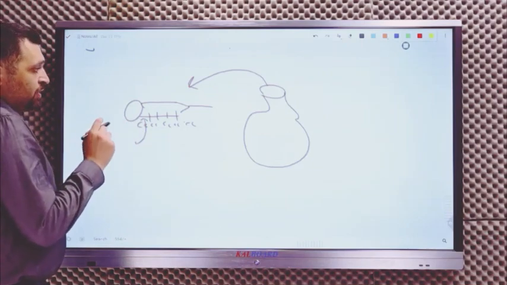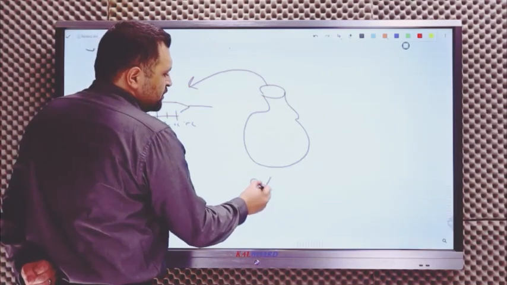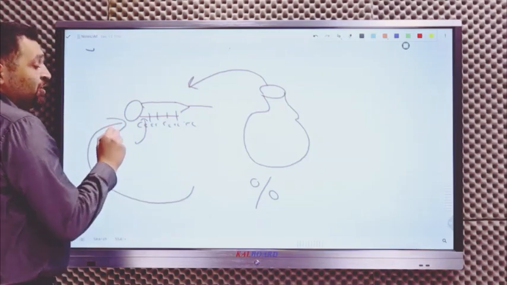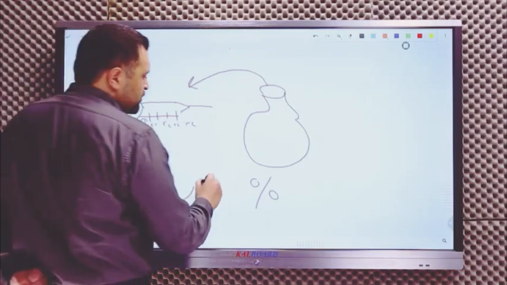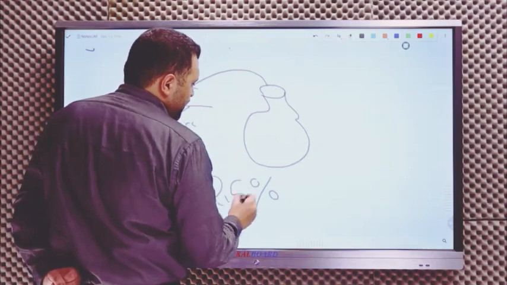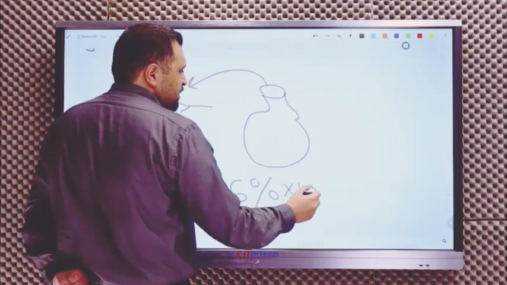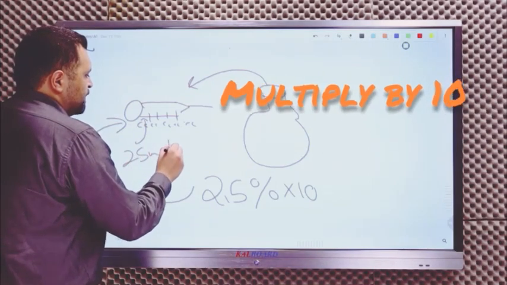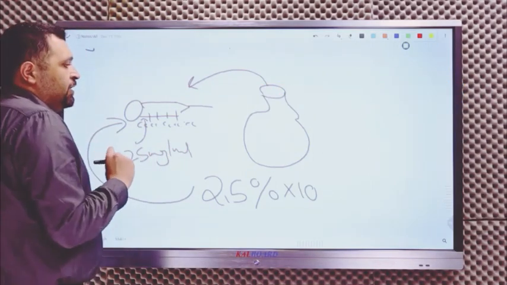If we know the concentration of thiopental, we will know how many milligrams in each cc. The concentration is 2.5%. If you multiply by 10, it will give us 25 milligram per ml.